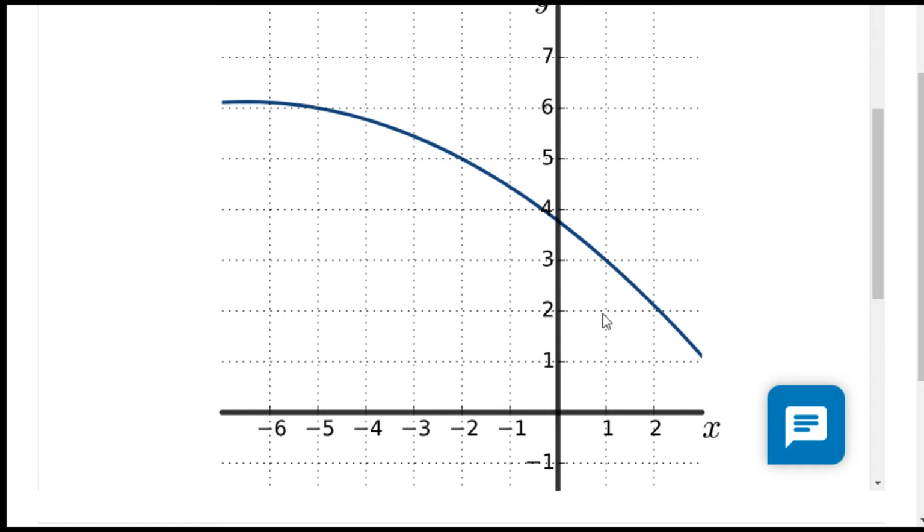Minus 5 to 1. So at minus 5, f of minus 5 is 6, and f of 1 is 3.